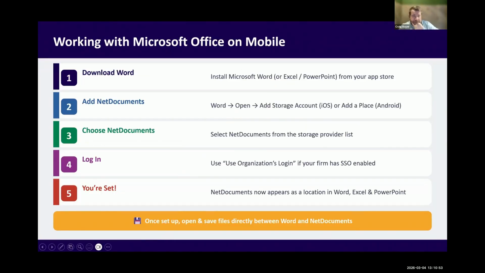All right. Using Microsoft Office on mobile with NetDocuments. The NetDocs app itself that you install on your smartphone is great for viewing stuff. But what happens if you want to make a change to a Word document? What happens if you were on a computer that didn't have Word and you were in NetDocs and wanted to make a change to a Word document?